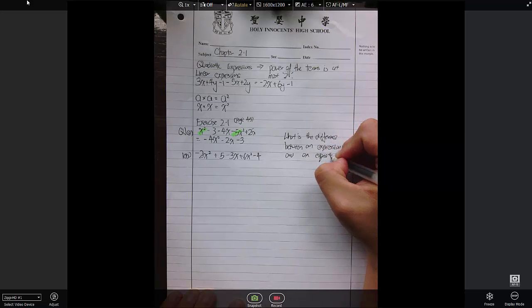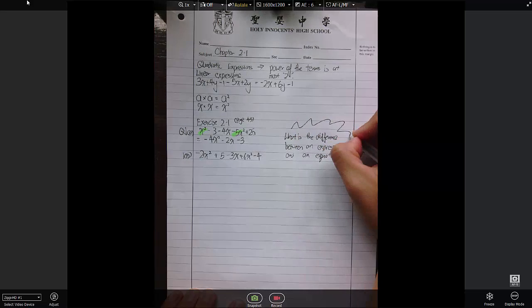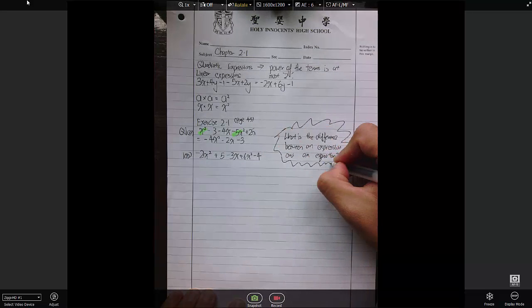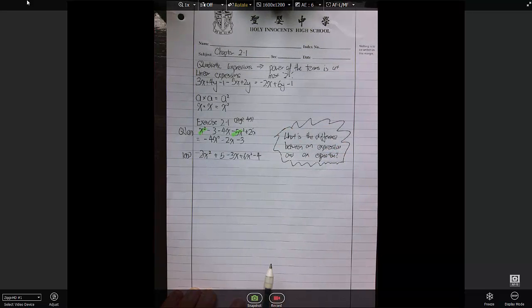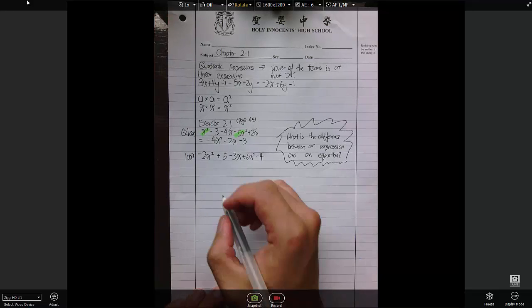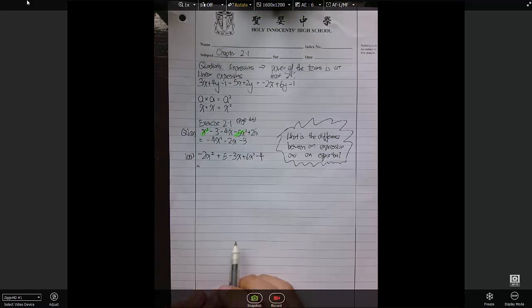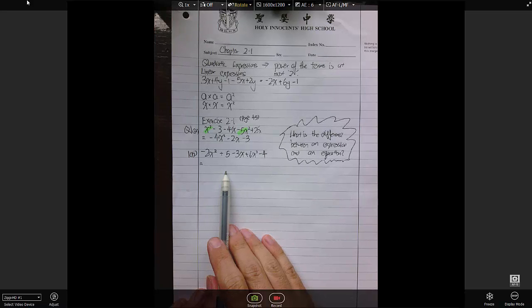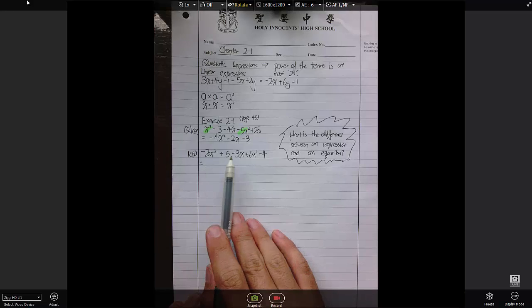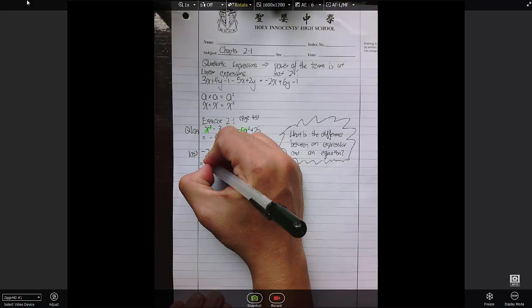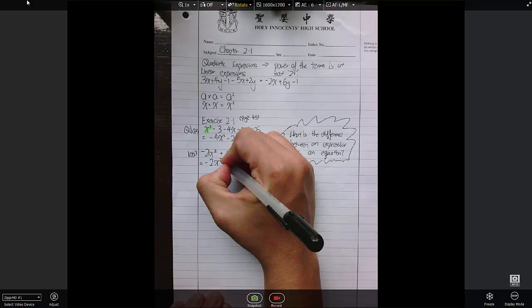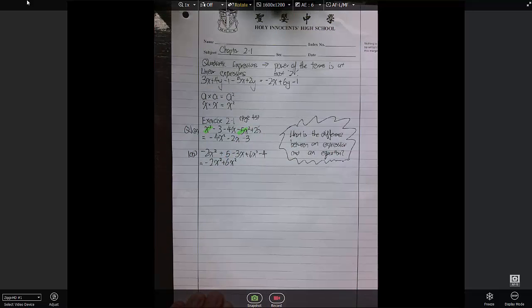This question I've already explained to you all in class, so I will ask you all again. Make sure you're clear about this. These are all expressions, so what will be an equation? Going back to 1b now, we can rearrange the expression. For example, negative 2x squared plus 6x squared, I can write them together. Notice that just now I did not rearrange them, but if you choose to rearrange them, it might be better because it's neater and you collect all like terms together. It's easier for you to work it out.